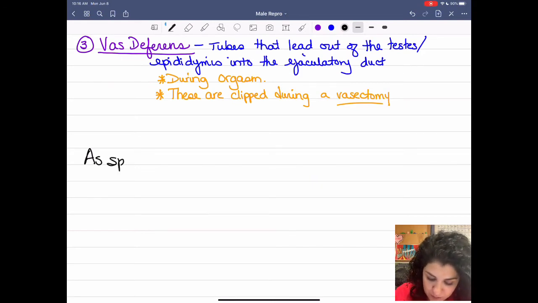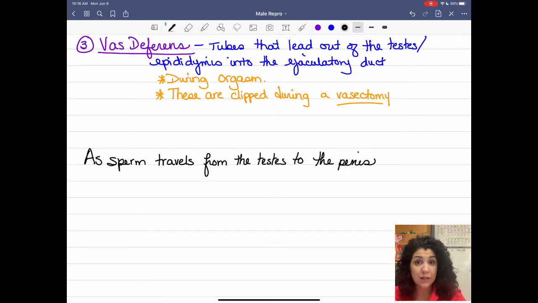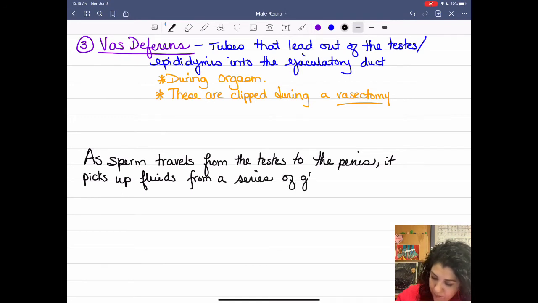As sperm travels from the testes to the penis, because it needs to go on its way out, it picks up fluids from a series of glands to help it on its journey.